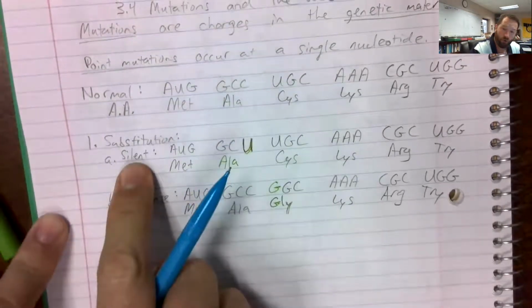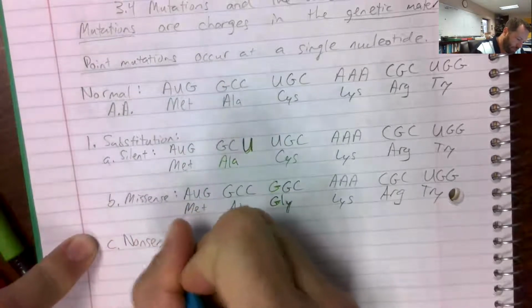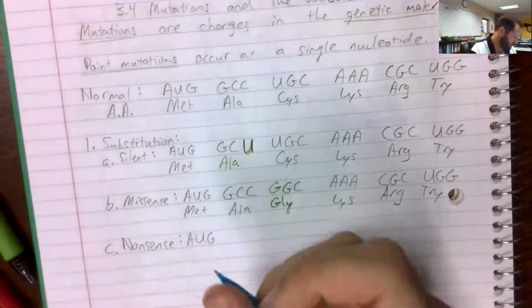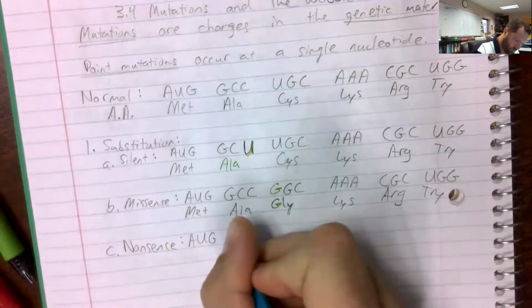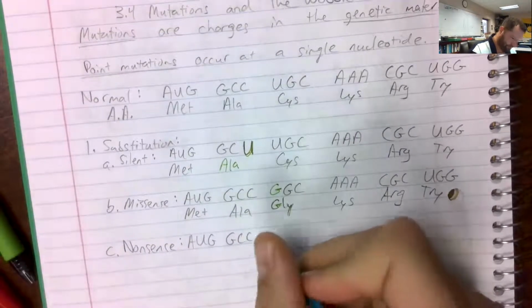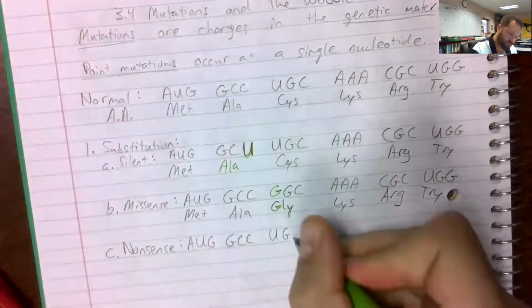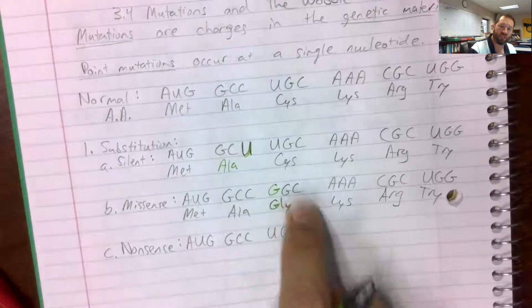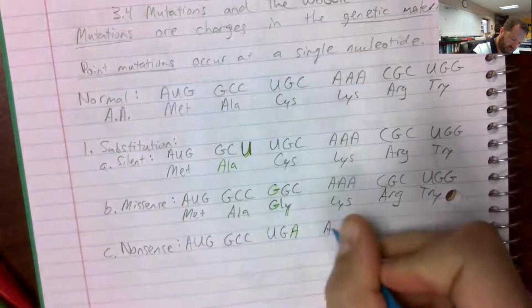And then finally, our third type of substitution is a nonsense mutation. And so this time we're going to mutate that C into an A, and everything else is going to stay the same.